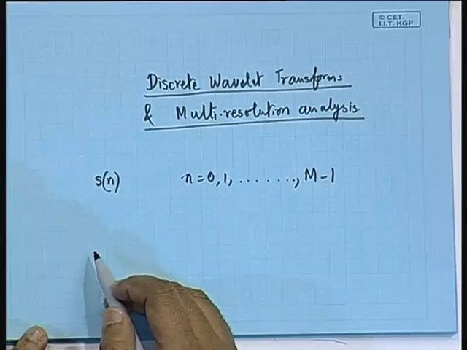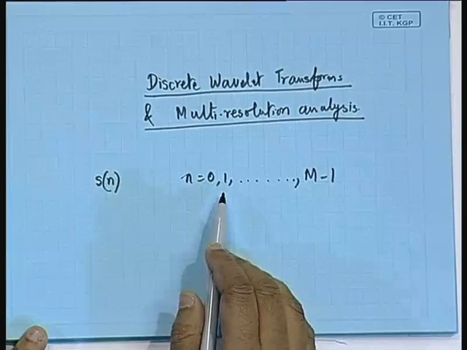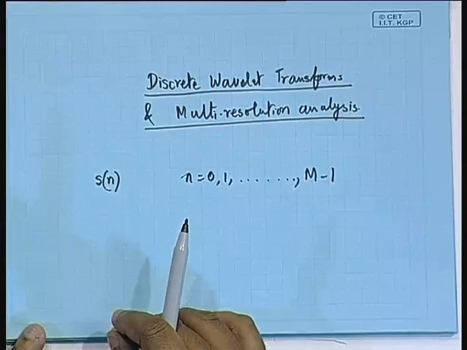Although the image is a two-dimensional signal, for the time being, just for the sake of simplicity, I am considering a one-dimensional signal, because whatever theory we can develop for one dimension would later on be easily applicable to two dimensions.